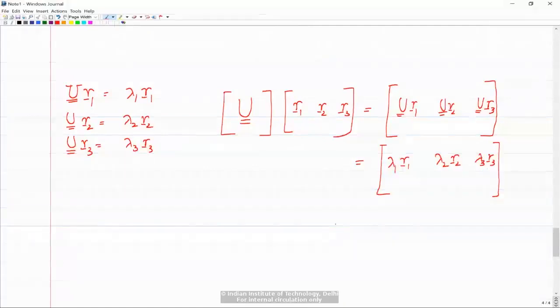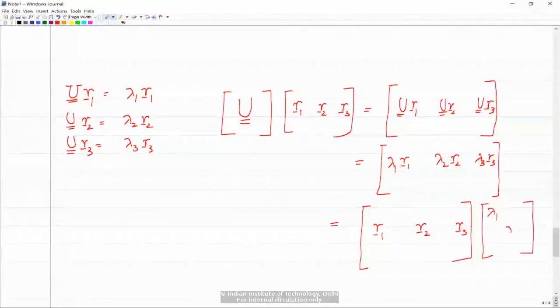So whenever you are doing scaling of columns, then it is equivalent to writing R1, R2, R3 post multiplied with those scaling numbers lambda 1, lambda 2, lambda 3. So when you work out this multiplication, you'll exactly get what is up there.